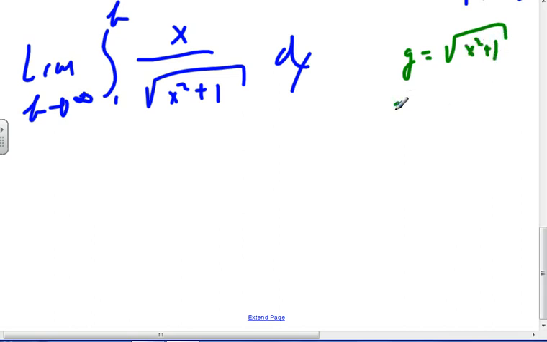And then g prime would have been 1/2 the square root of x squared plus 1 to the minus 1/2 times 2x. And that's exactly what we have there.